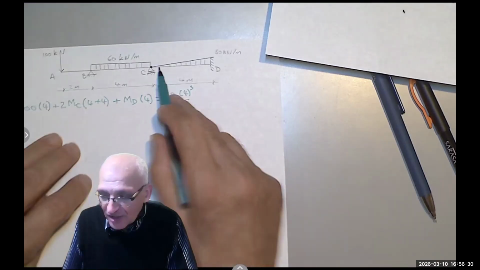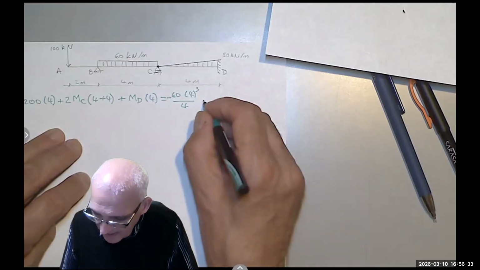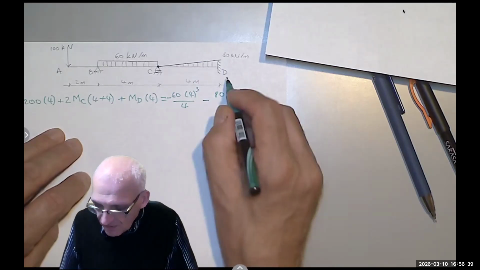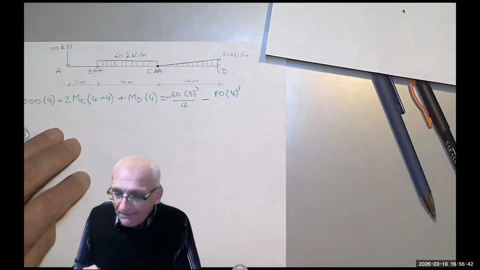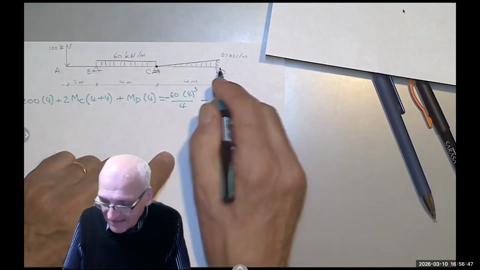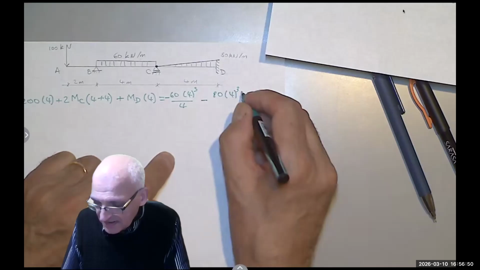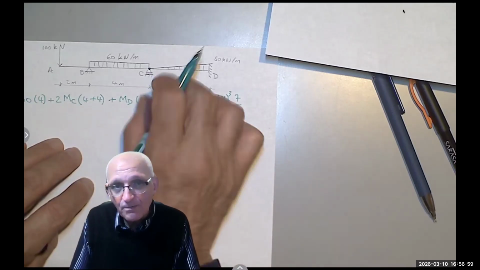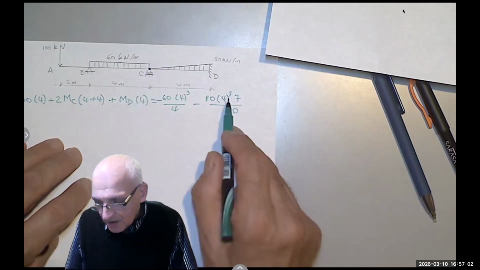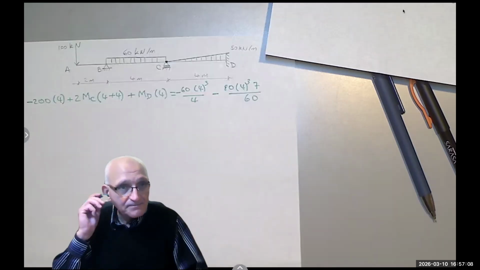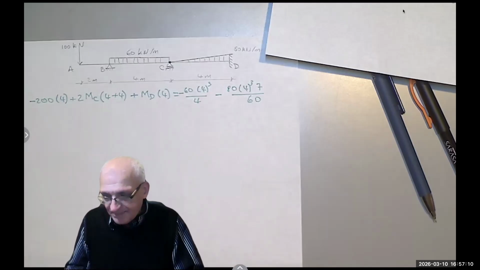And then for the triangular part, I'm going to say minus W, which is 80, times 4 cubed again. But then I have to multiply by the right-hand side factor. In the table, you will see that it's 7/60, and here it's 8/60. So this tapered part, the small part, is 8 W L cubed over 60, and the large one is 7 times that. And that's basically how you write it.